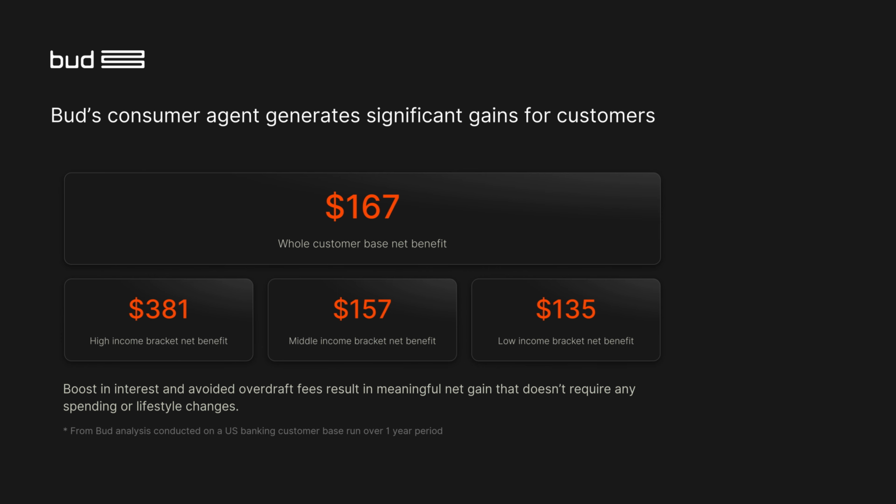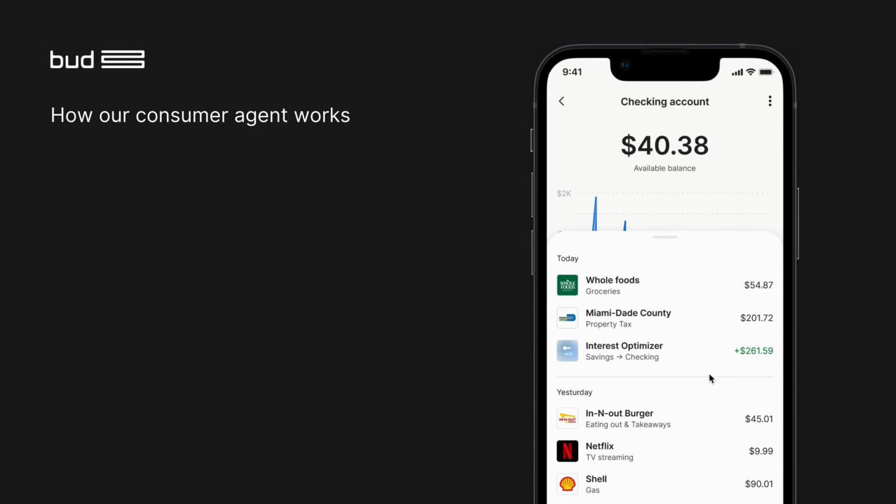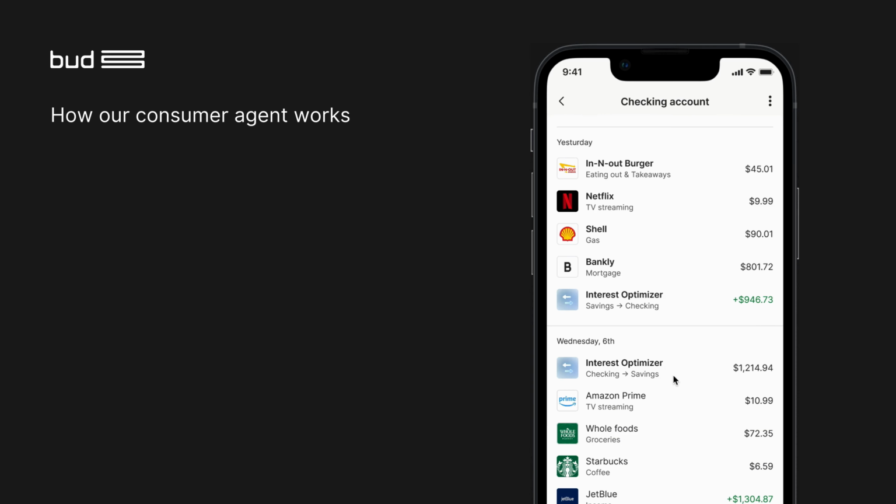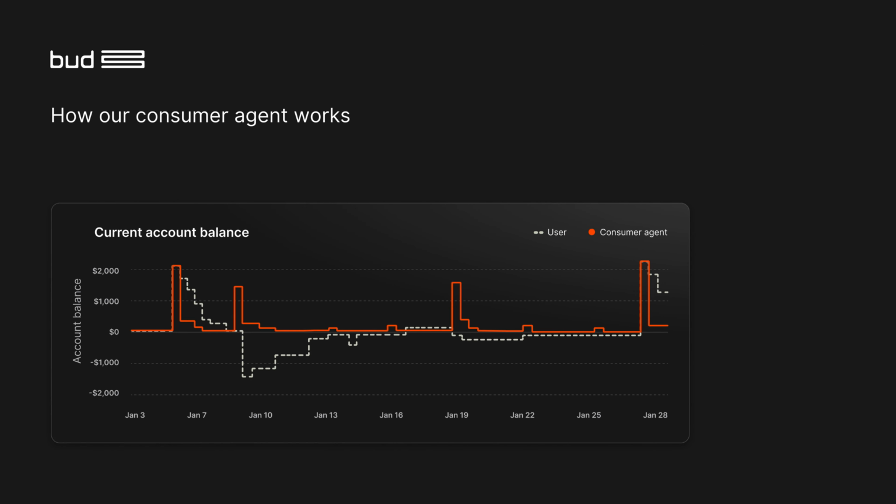This has a tangible impact on individual finance, potentially meaning hundreds, if not thousands of dollars of gain per year for each consumer. These benefits apply across demographics. Our analysis shows a positive impact to consumers in low, medium, and high income brackets.